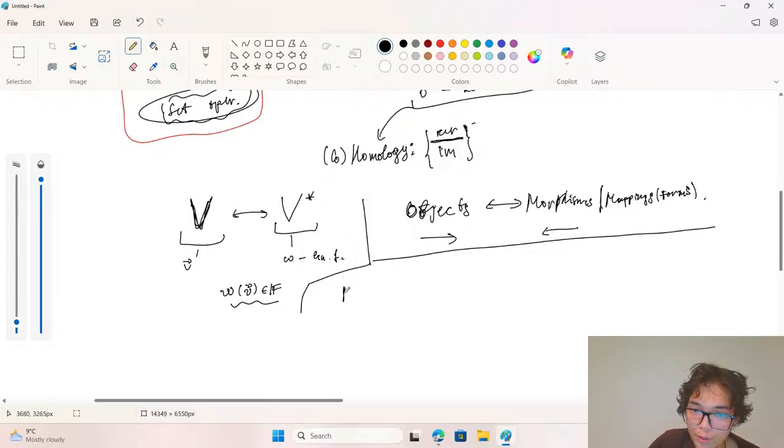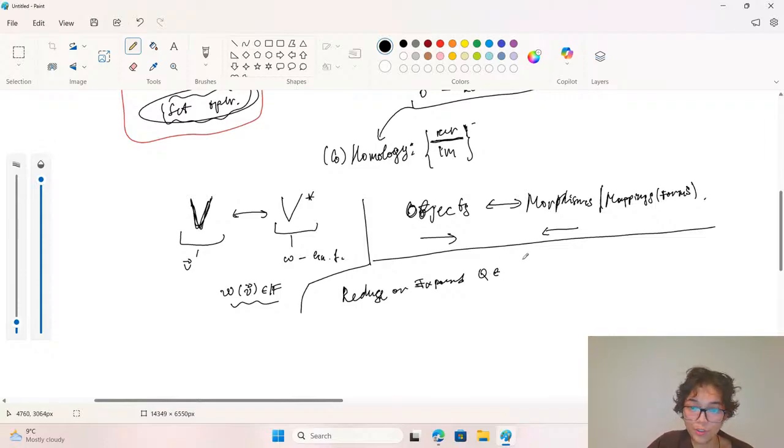So instead of reducing or expanding G, we reduce or expand operation Q. By reducing or expanding Q, I mean some image or kernel of this operation, of this mapping.